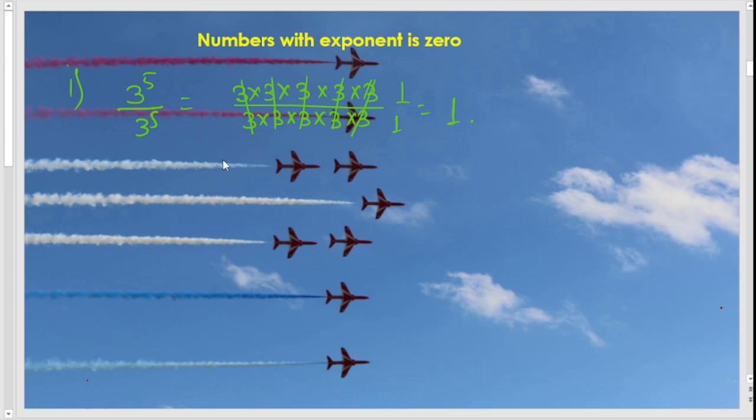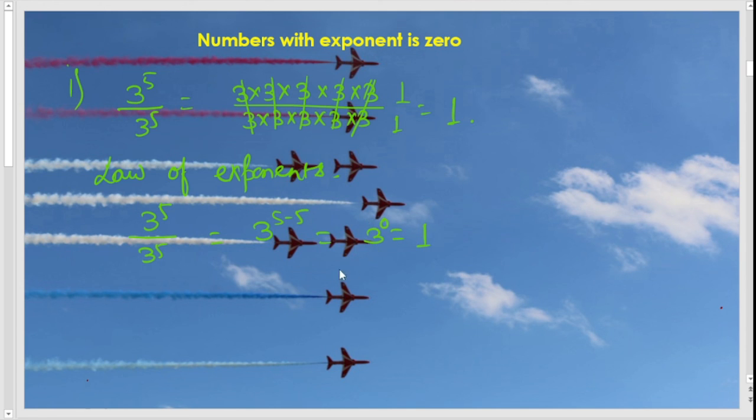Now we can take it the other way. By using the law of exponent, we can write 3 to the power 5 divided by 3 to the power 5 is equal to 3 to the power 5 minus 5. Here 3 to the power 0 is equal to 1.